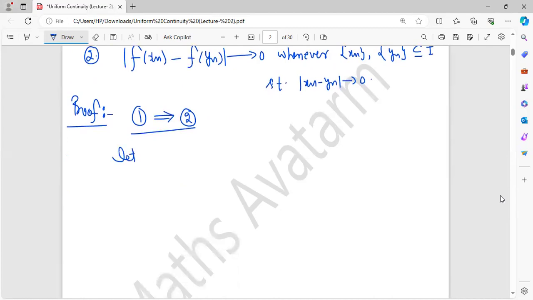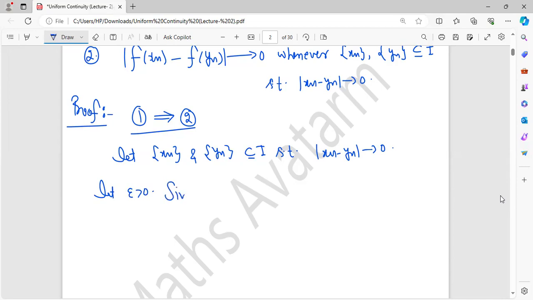Let xn and yn be two sequences such that their difference tends to 0. Let epsilon be greater than 0.